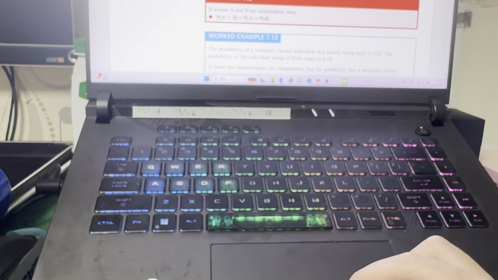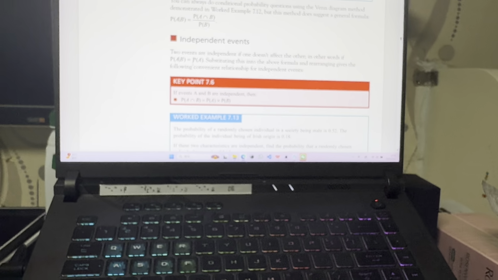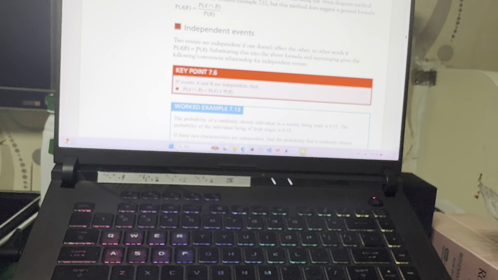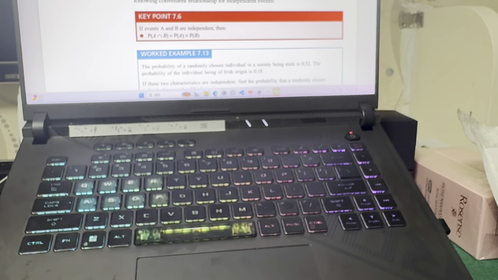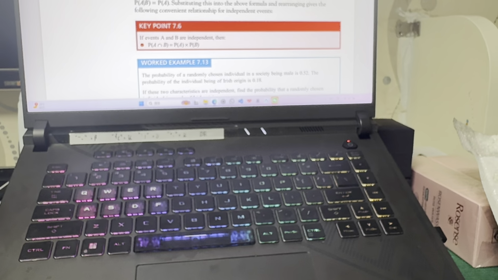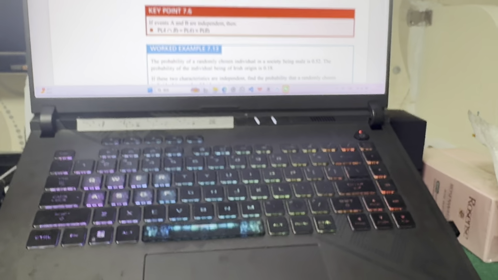For example, I don't know if you guys met this question before. If I roll a dice and flip a coin, what is the probability that I get a 1 and a flower?